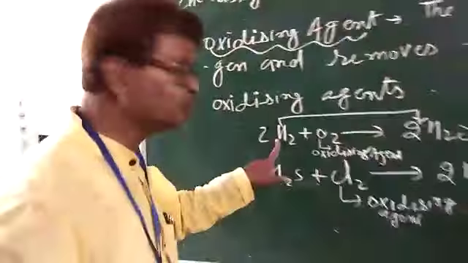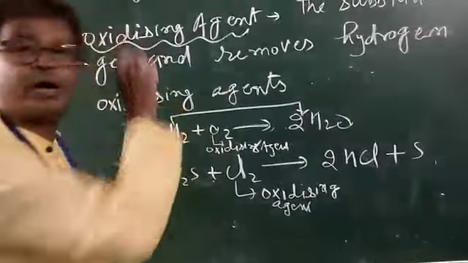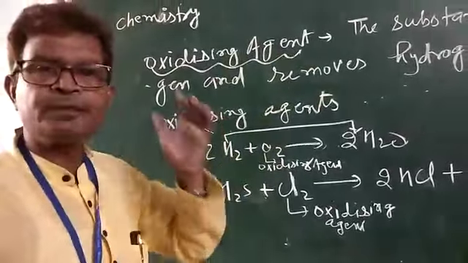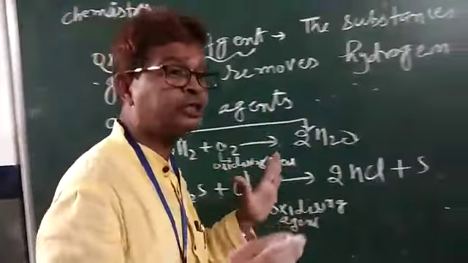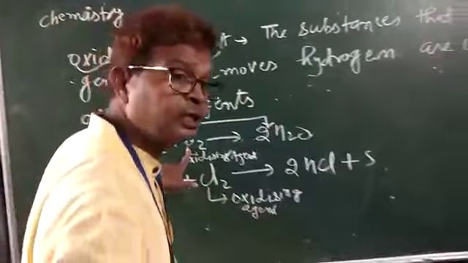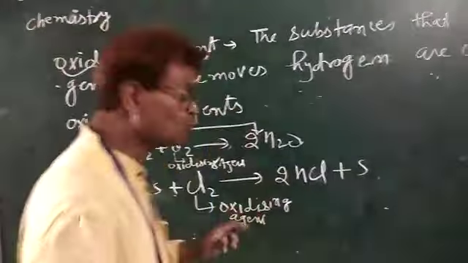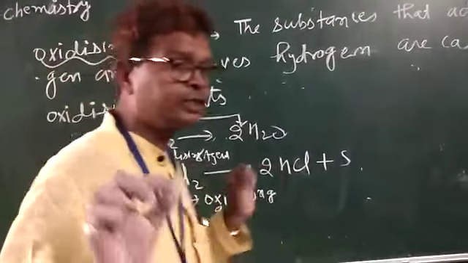To which substance is oxygen added? Hydrogen. According to the definition, the substance that adds oxygen is said to be an oxidizing agent. In this first reaction, oxygen is added to hydrogen to get water. So oxygen will be the oxidizing agent.